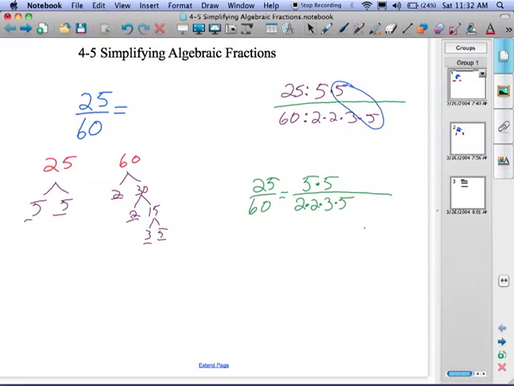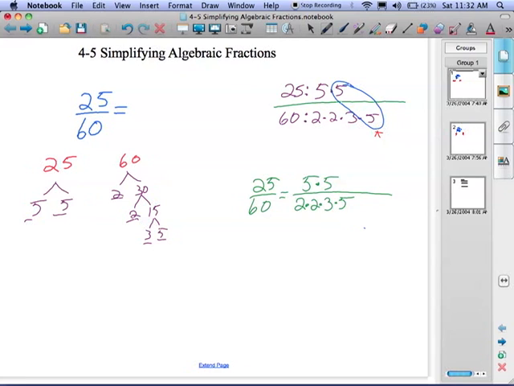Now, above, we circled the 5s that they had in common. I'm going to ask you a question that should key you into something we did earlier this year. Because you're such advanced math students, what happens to a 5 on the top and a 5 on the bottom?